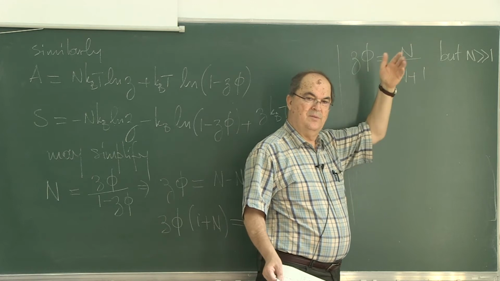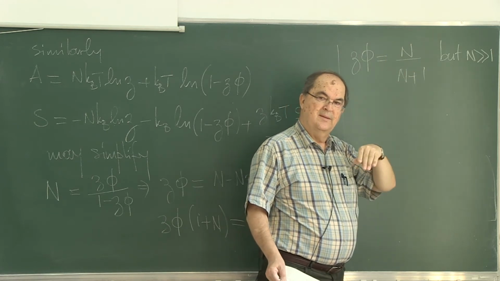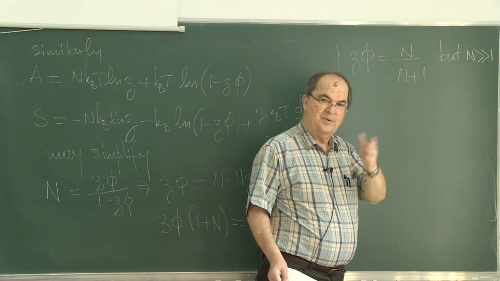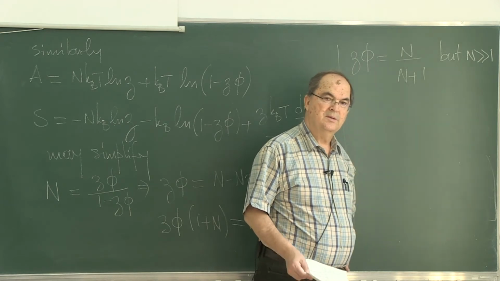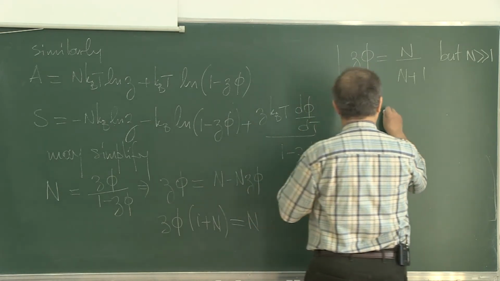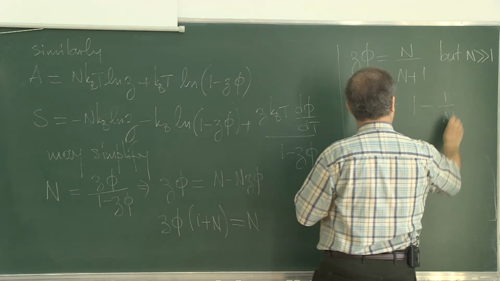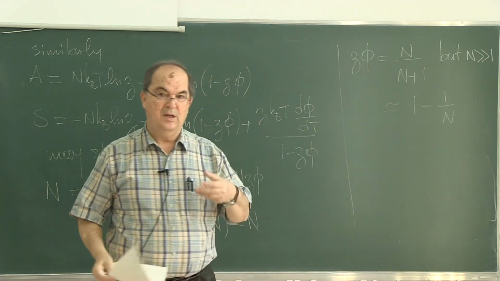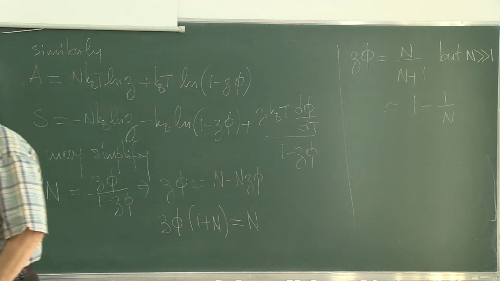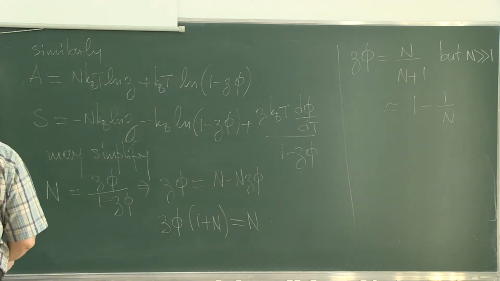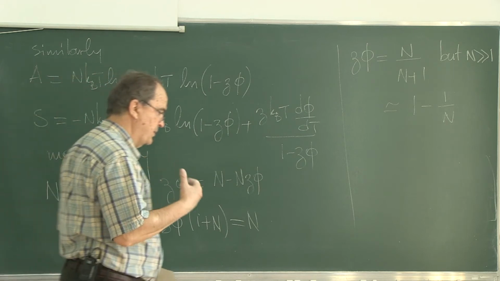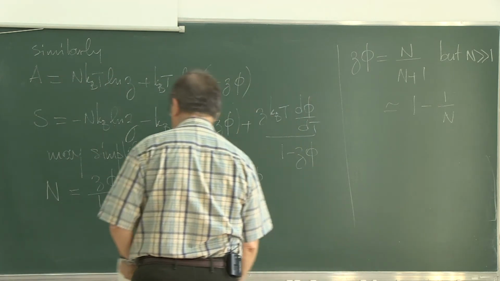N will cancel, 1 over 1 plus 1 over n is 1 minus 1 over n, isn't it? So you can approximate this as 1 minus 1 over n. That's the large N approximation. Using that, you can simplify our expressions further.